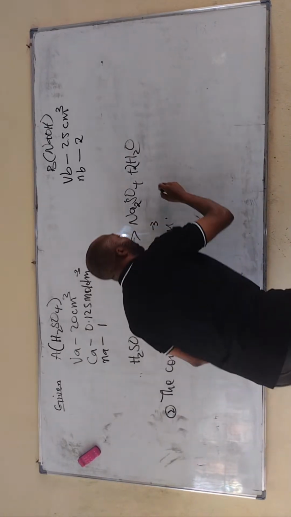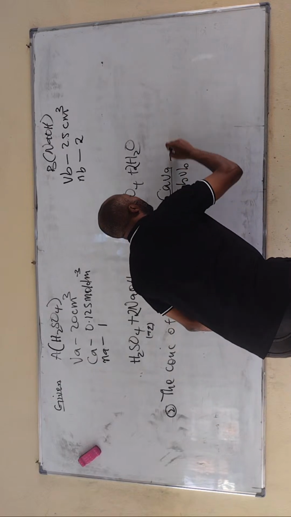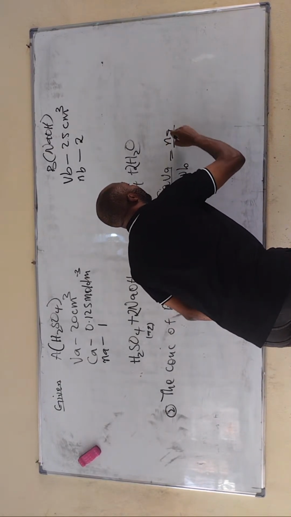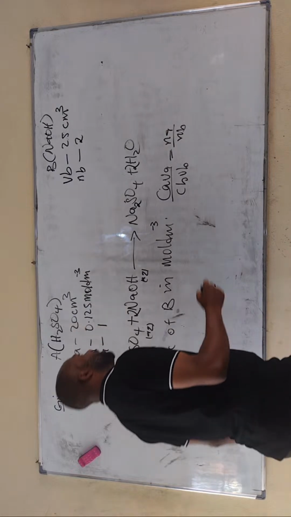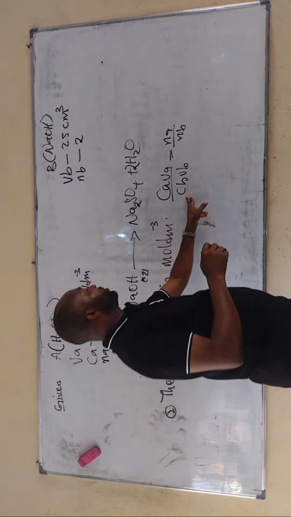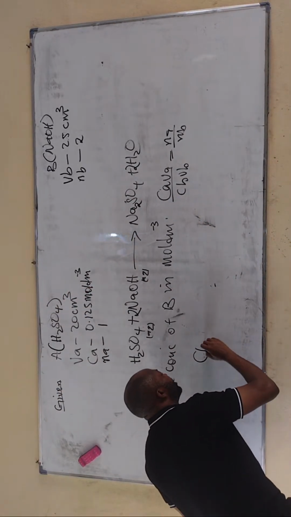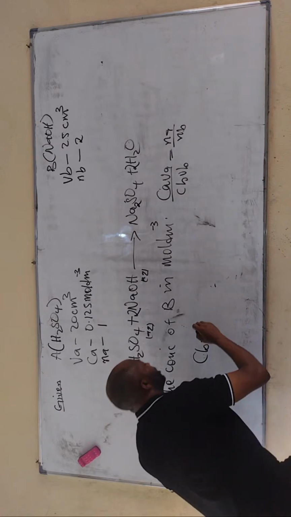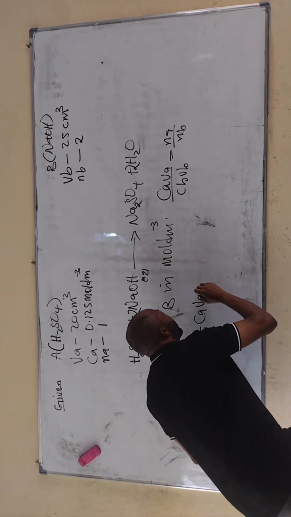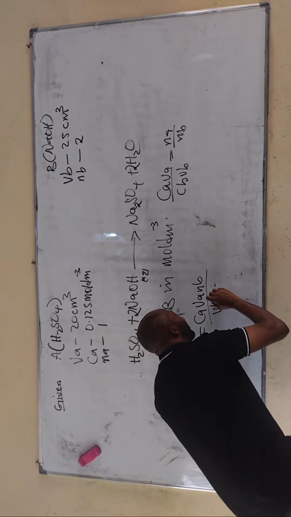We use the formula CAVA over CBVB equals NA over NB. For us to proceed further, we're going to make CB the subject because that's what we're looking for. So my CB is equal to CAVANB over VBNA.